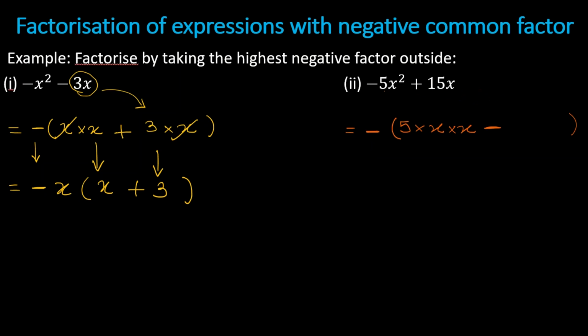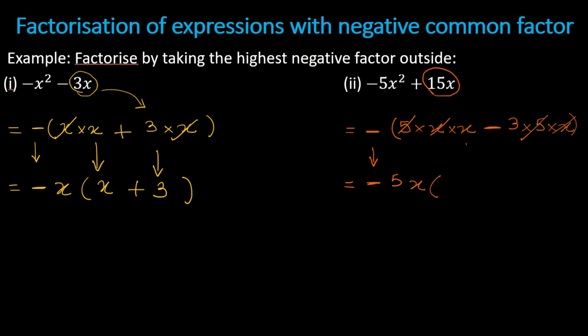And what about the last term? 15x in expanded form is 3 times 5 times x. We continue. The negative sign is outside. Now we take out the common factor. Which number is common? 5 here and 5 here, so it is common. Then we have also x, which is common.